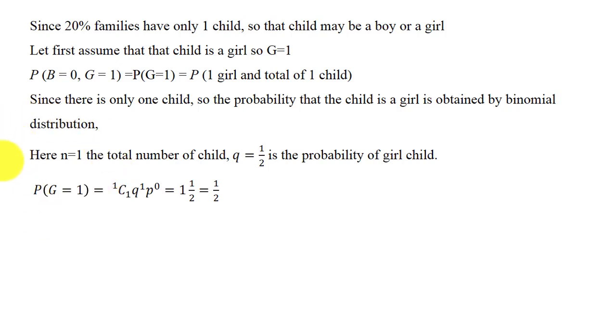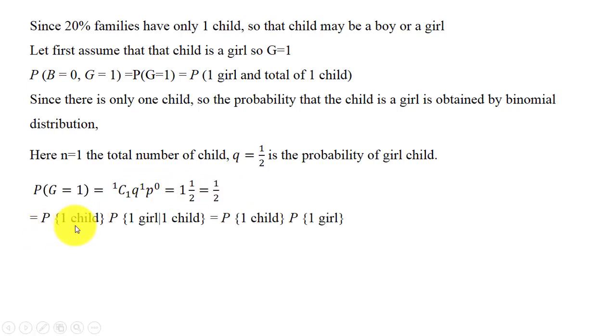So the probability of getting one girl by binomial distribution is by the formula nCr Q raised to r P raised to n minus r. Here n is 1, so 1C1 Q raised to 1 P raised to 0, that is, we are getting 1 by 2. So the probability of getting a girl is 1 by 2.